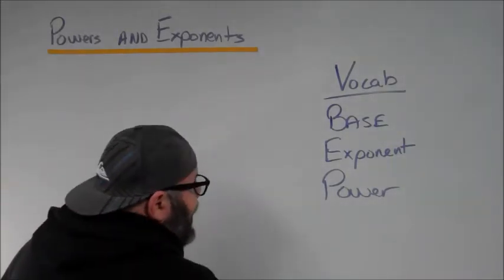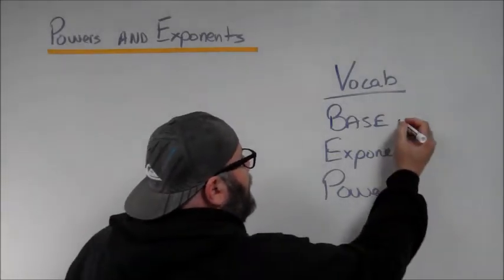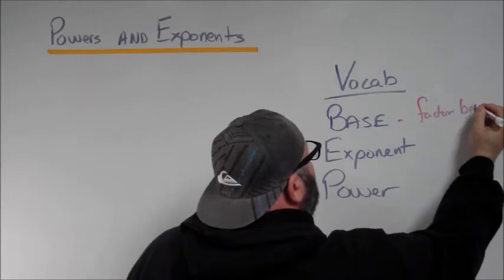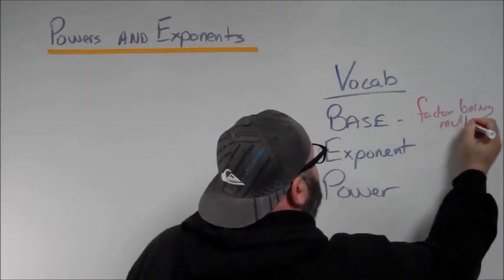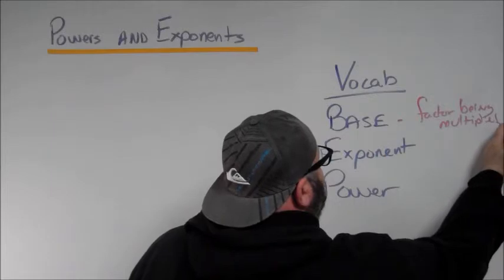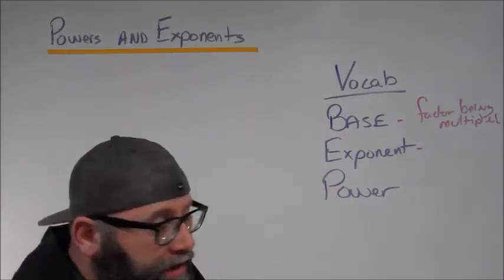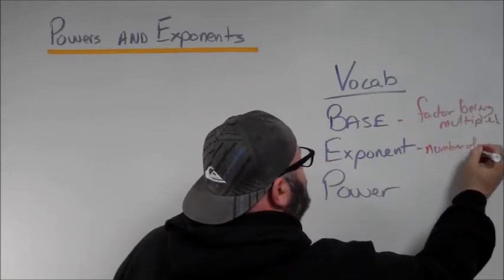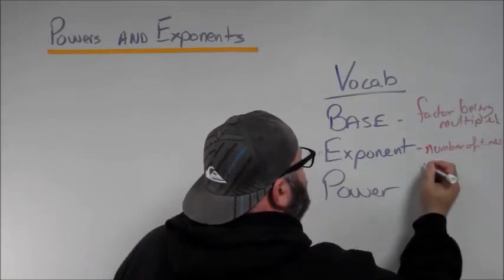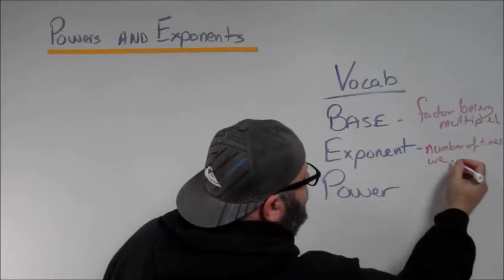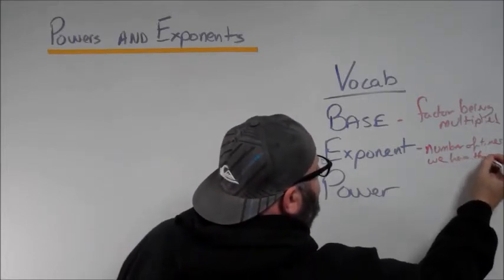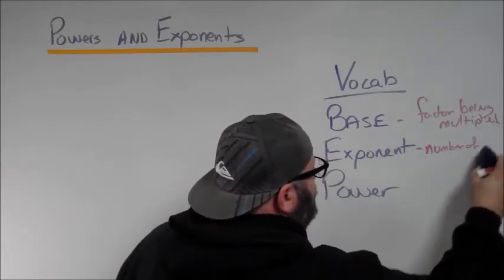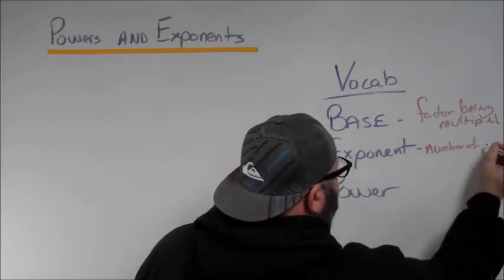All right, so a base we know is the factor being multiplied. The exponent then is the number of times we have the, let's change this to number of factors. That makes more sense. Number of factors.